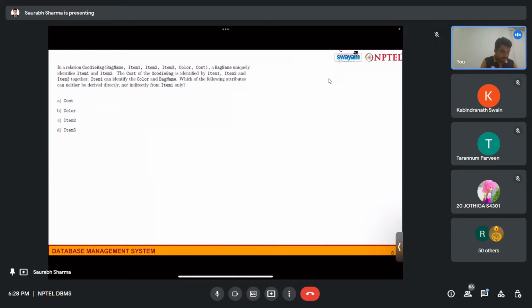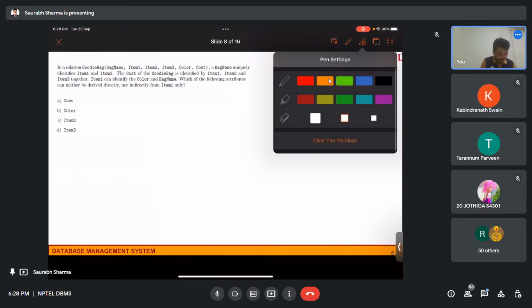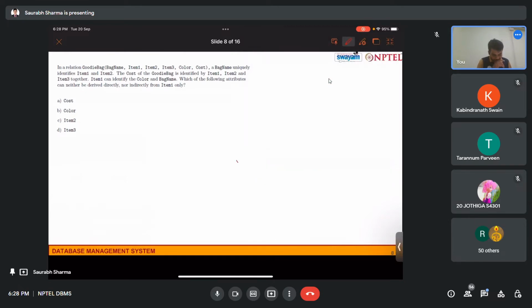Next one is about determining the attributes. Okay, so in a relation goodie bag, there is bag name, there is item 1, item 2, item 3, color, and cost.